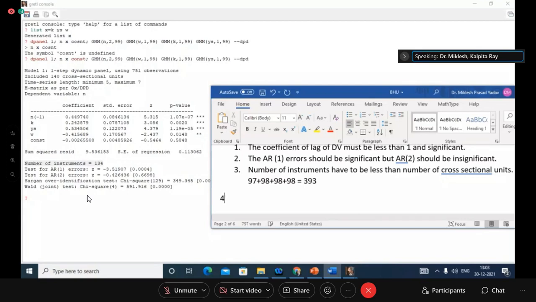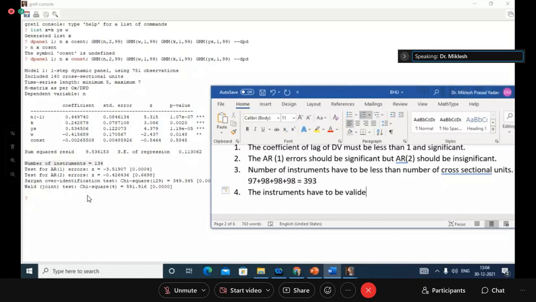Number 4 condition is the instruments have to be valid. What is the meaning?